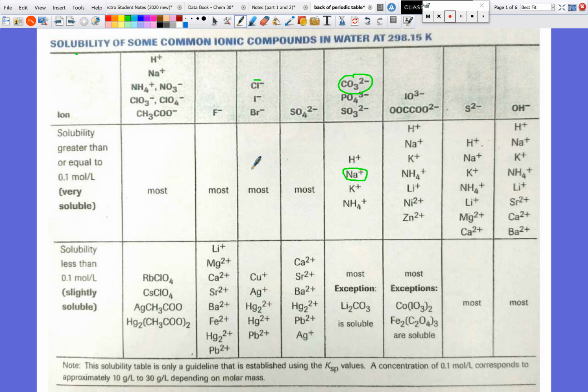Well, sodium falls in this top row, so it's going to be listed as very soluble. Whereas something like sulfate, if we had this, and it pairs up with something like strontium, this combination is in the bottom row, so we're going to classify this as slightly soluble, or it's going to stay as a solid.